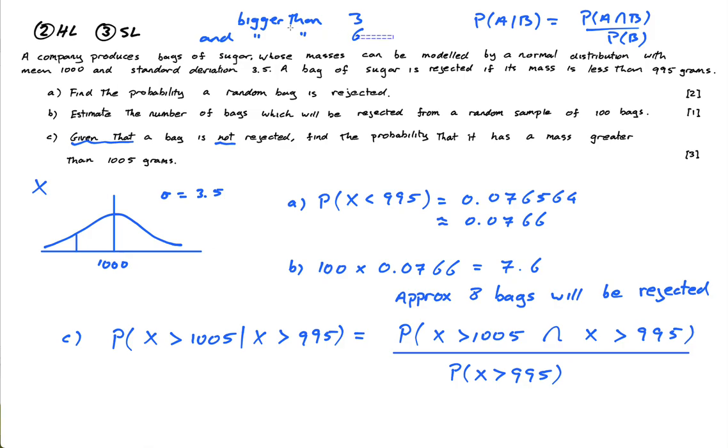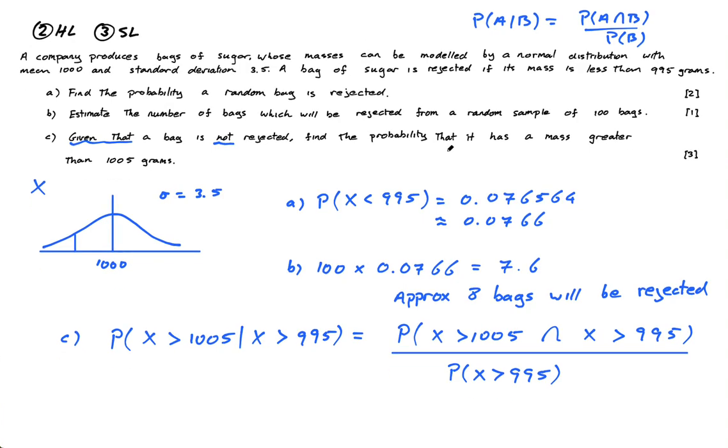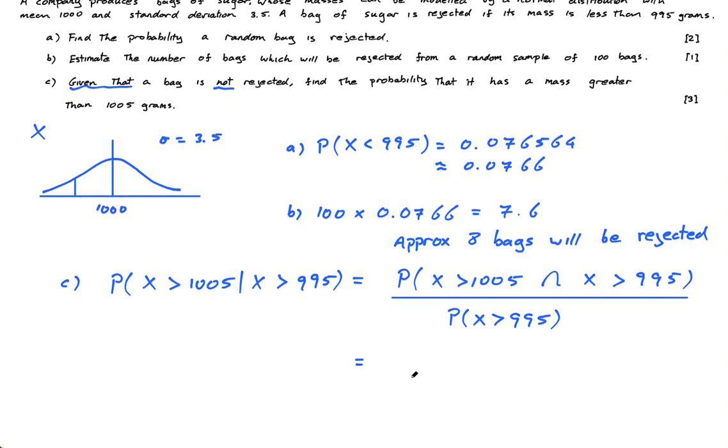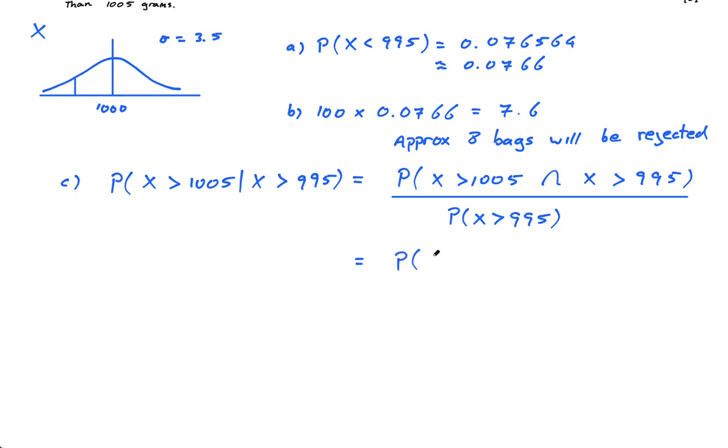So I can actually simplify that to be the probability that X is bigger than 1005 divided by the probability that X is bigger than 995. Because, as I said, guys, bigger than 1005 and bigger than 995 is the same as bigger than 1005.